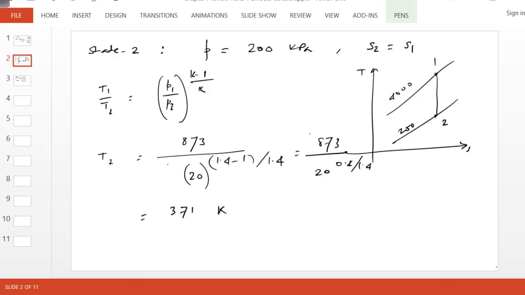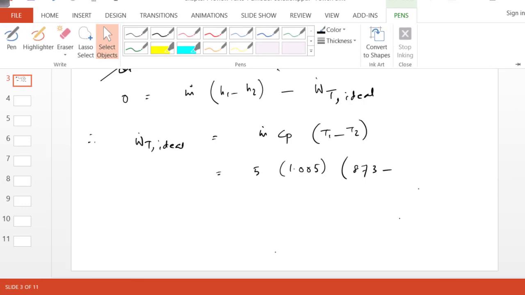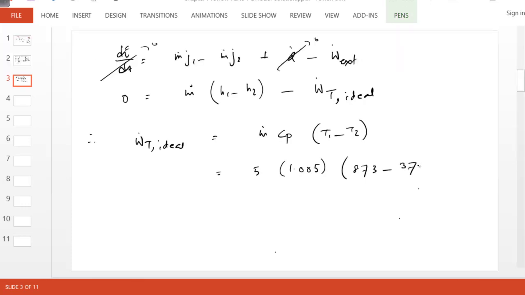Is that what we calculated? Yes, 371. Once we calculate this, it turns out to be 2521 kilowatts. So that's the maximum power out of the turbine.